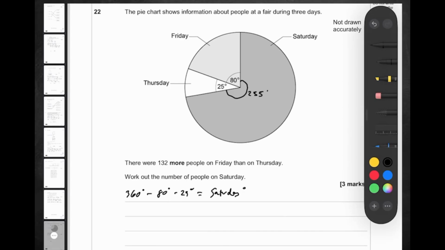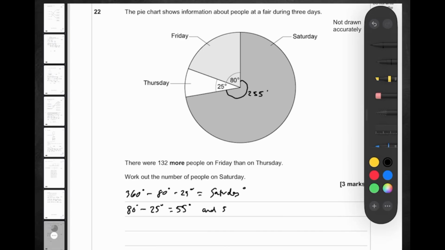So we know that there are 132 more people on Friday than on Thursday. So 80 degrees minus 25 degrees is going to be 55 degrees.